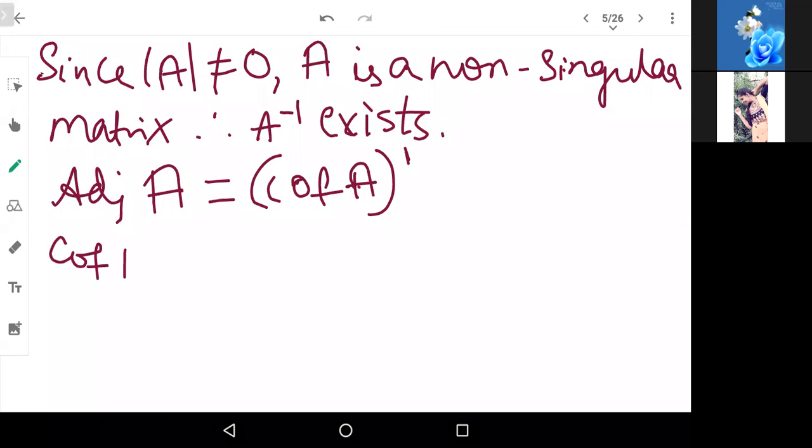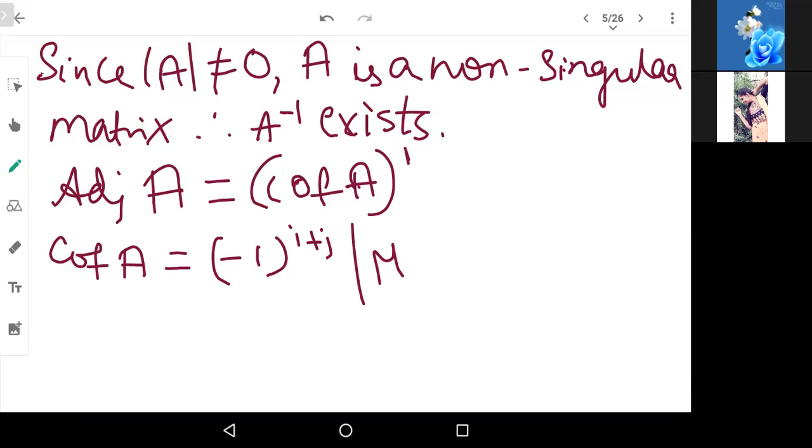What is the formula for cofactor of A? We have to find minus 1 to the power of i plus j into the minor ij.